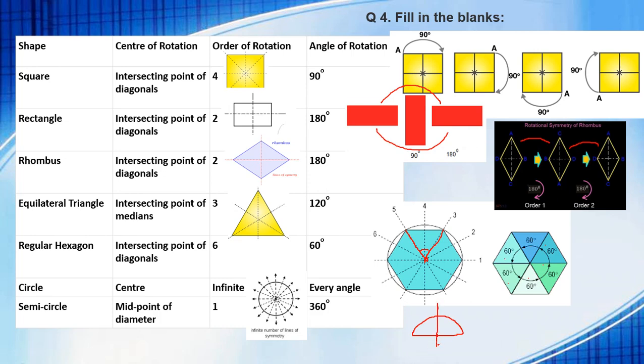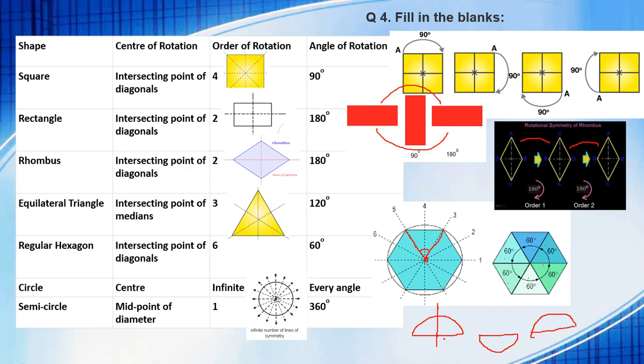So the number of lines of symmetry is 1 in a semicircle. When it turns by 180 degrees, it looks like this, and again when it rotates, it appears as it was previously.